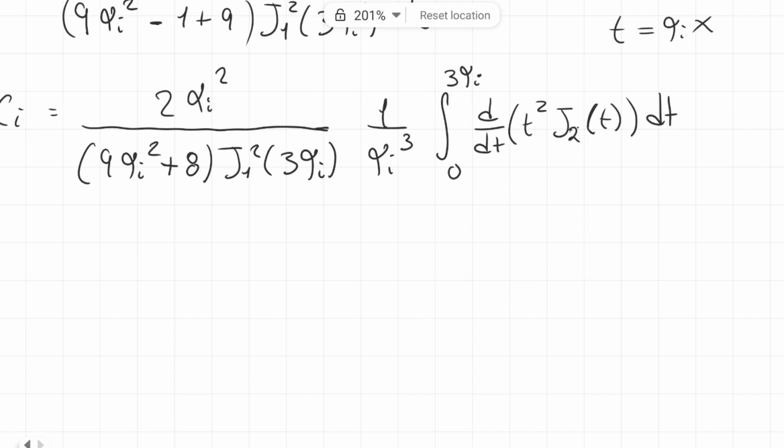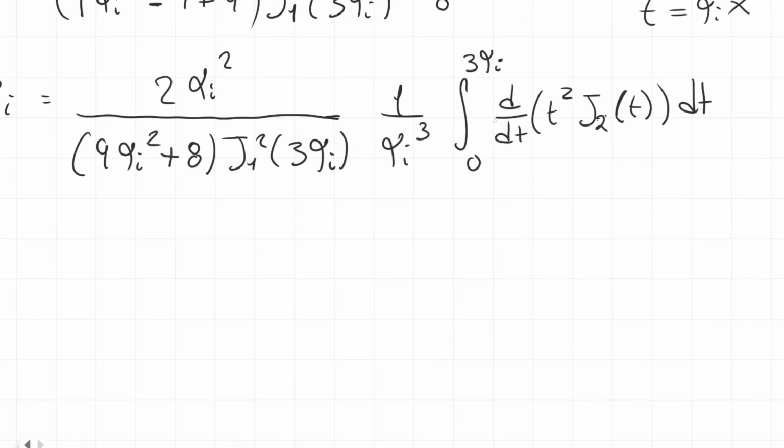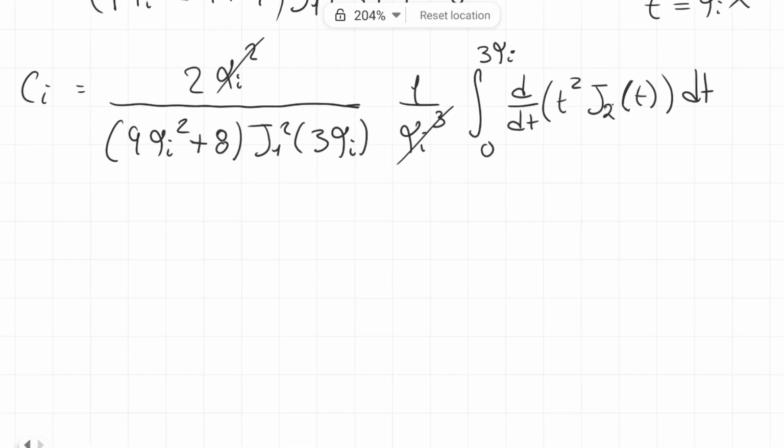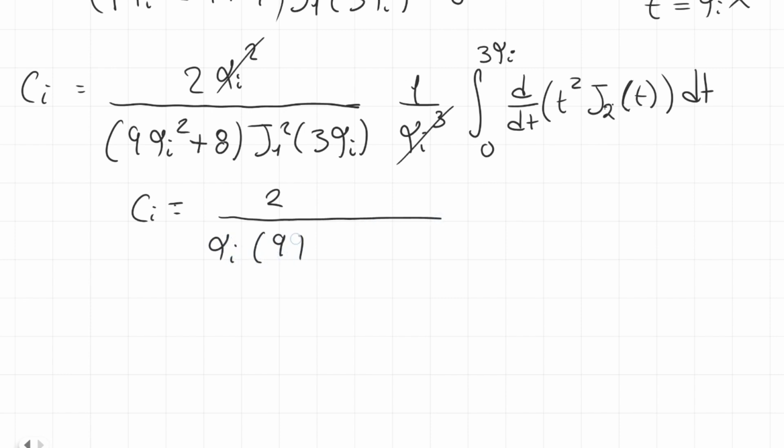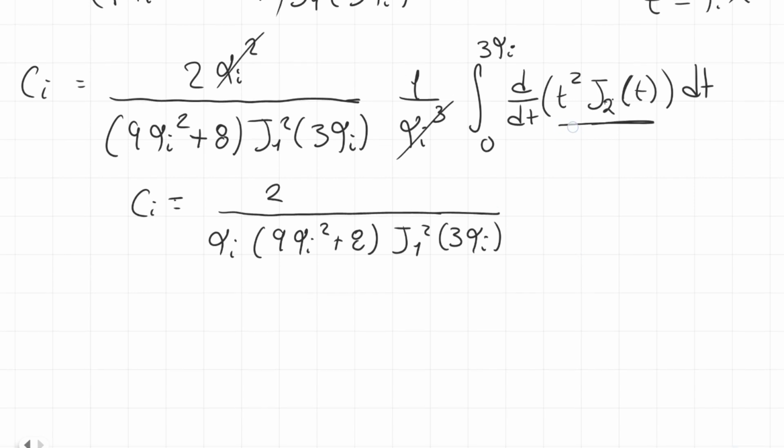Okay, so in this case, we can use the fundamental theorem of calculus to eliminate that integral and the derivative. And then we can cancel this alpha i squared with this alpha i cubed to get that Ci is equal to 2 divided by alpha i times 9 alpha i squared plus 8 j1 squared of 3 alpha i. And then we will get this thing evaluated at 3 alpha i, so that is 3 alpha i squared j2 of 3 alpha i.